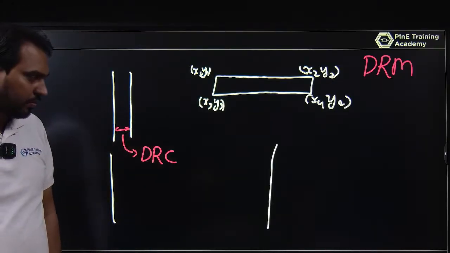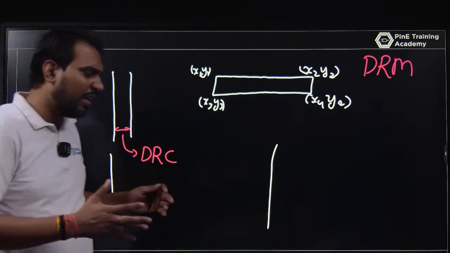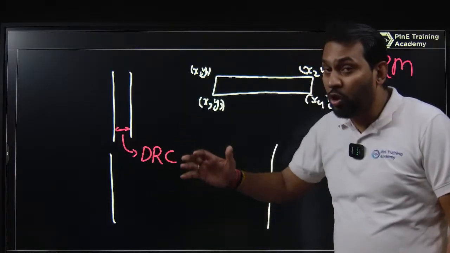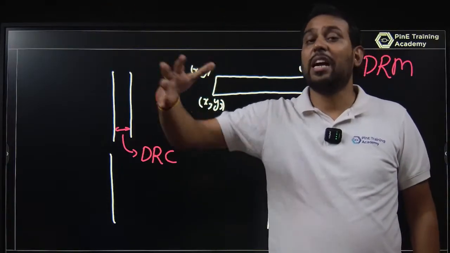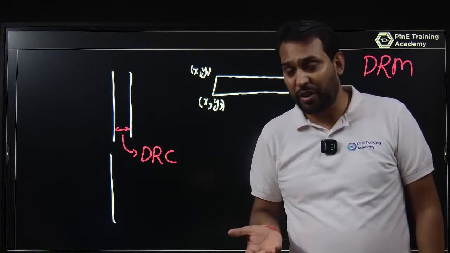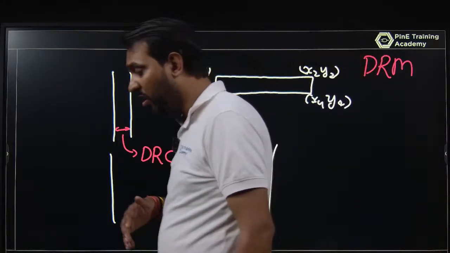I am not going for the fabrication step, but I think you must have a basic understanding of fabrication steps. Otherwise, once we go for the layout, we will start the fabrication step. That's why fabrication is very important: photolithography, ion implantation, oxidation, dry oxidation, wet oxidation.